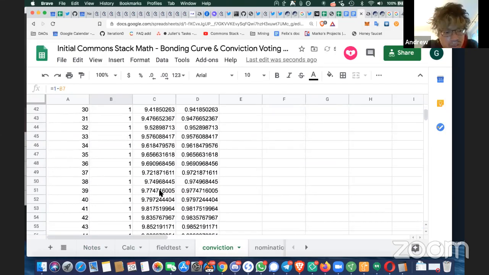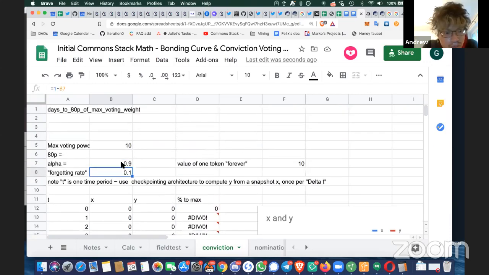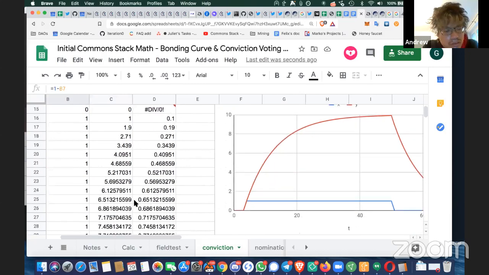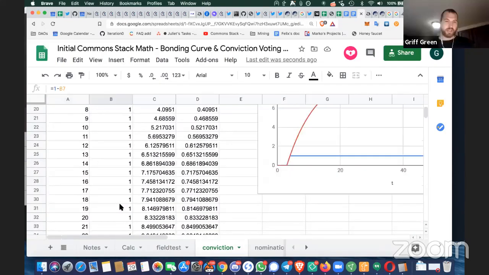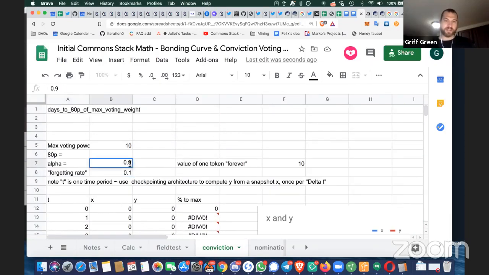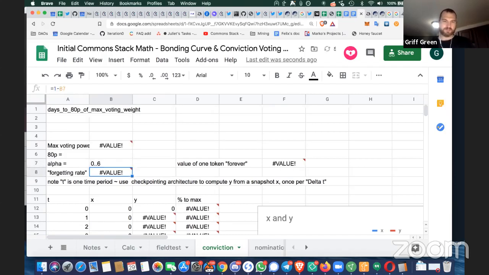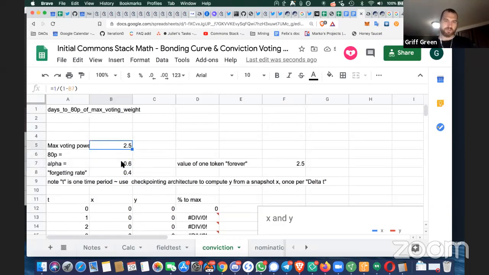So if I put in one token, then after some time, my max conviction from that one token is going to be 2.5? If alpha is 0.6, yes. Oops. If alpha is 0.6, max voting power will be 2.5. If alpha is 0.9, max voting power will be this 0.9.